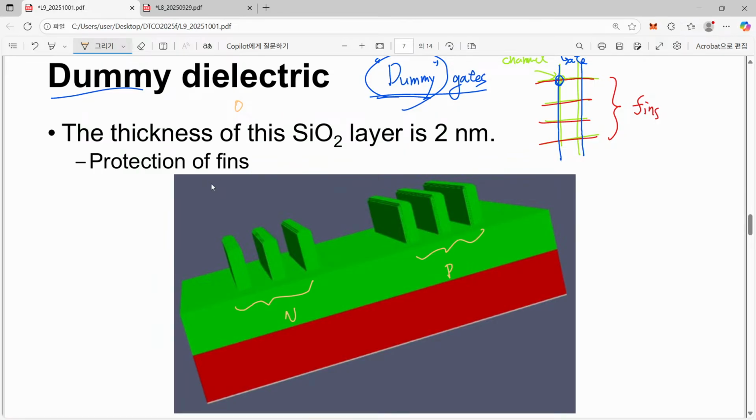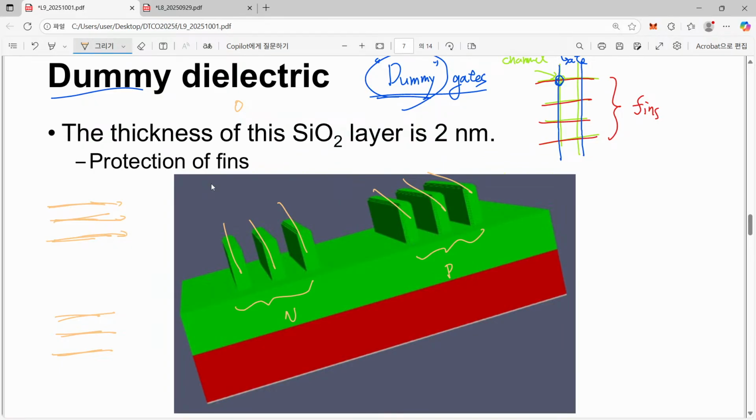If we draw in top view, we will have 3 lines and 3 lines for NMOSFET and PMOSFET, corresponding to these 3 lines and these 3 lines. The horizontal direction is the direction where fins are running.